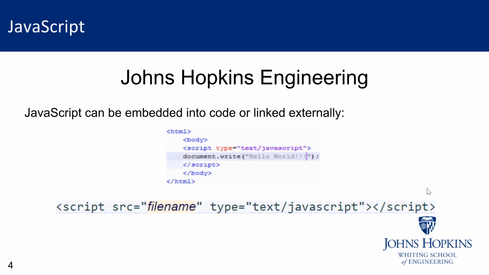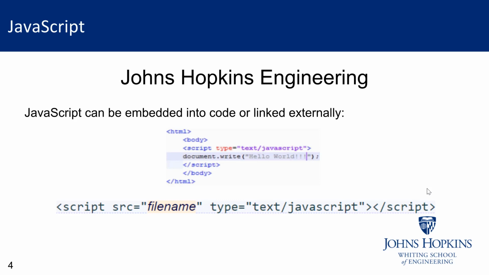But then contrast that with the example at the very bottom there. You see that there is a script tag, but notice that there is actually no JavaScript code in between the beginning and end script tags. Instead, it has the type field just the same as before, but now it has a source field as well. That source field represents a file name, or it could be a path to a file. That file could be on your local file system, or it could be somewhere on the web, for example.